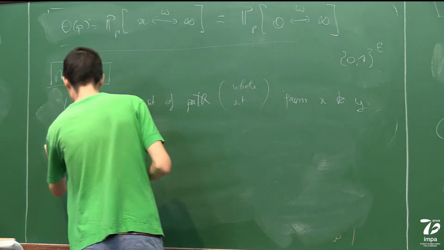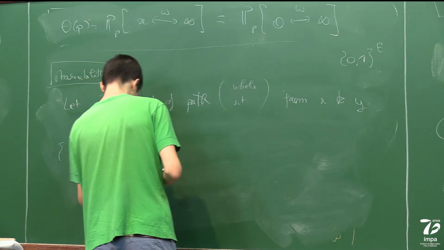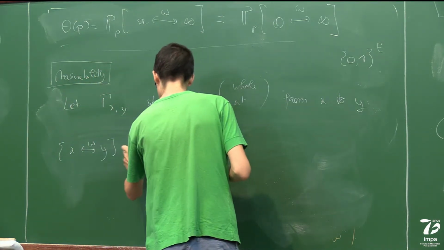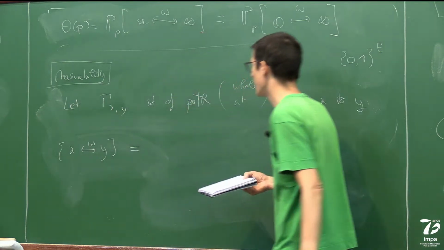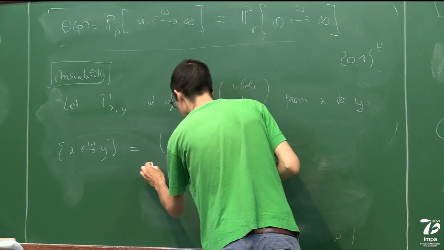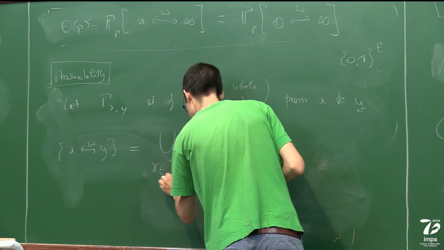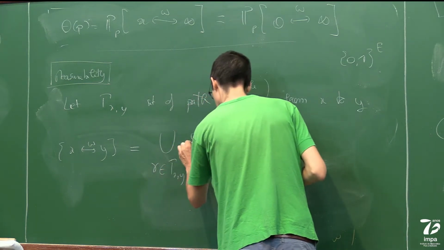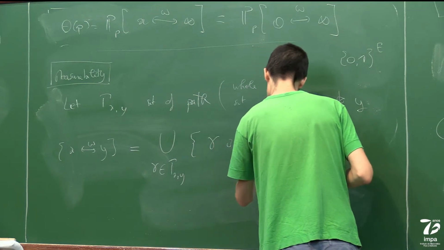Well, to say that x is connected to y is the same thing as saying that there exists an open path linking x to y. So it's the same as the union over gamma in gamma_xy of the event gamma is an open path.